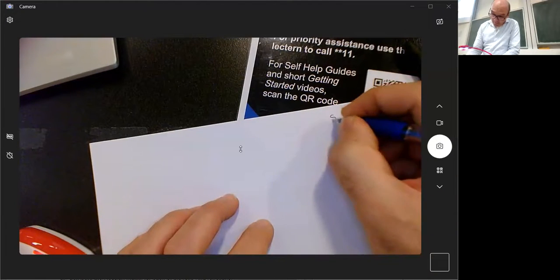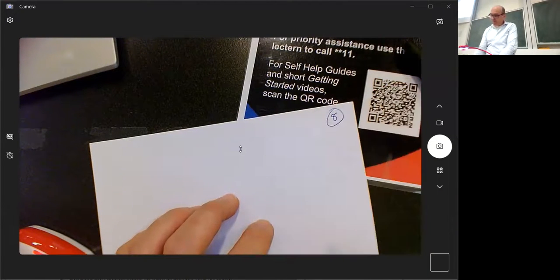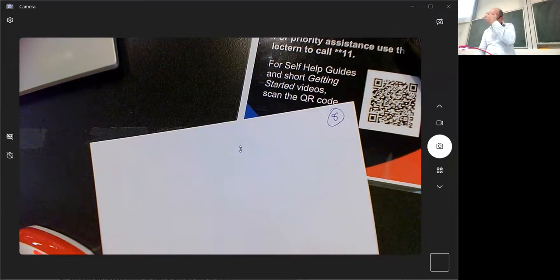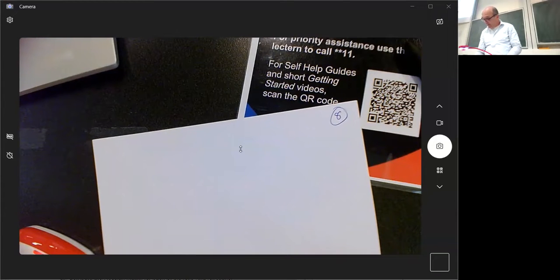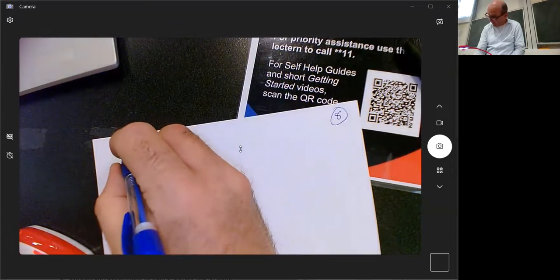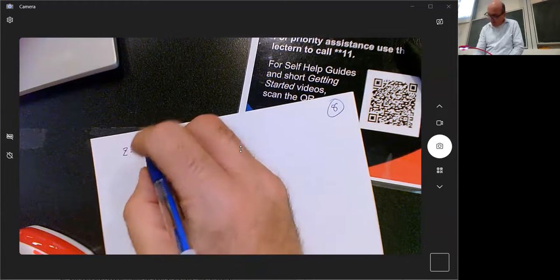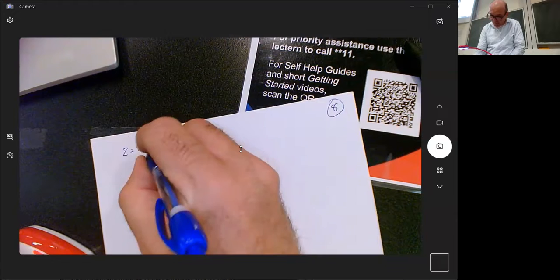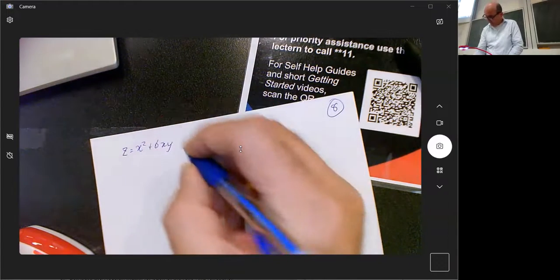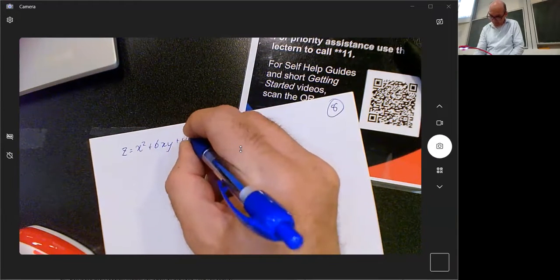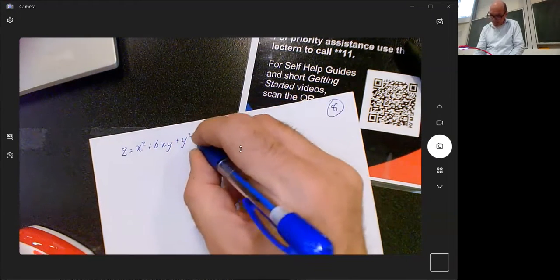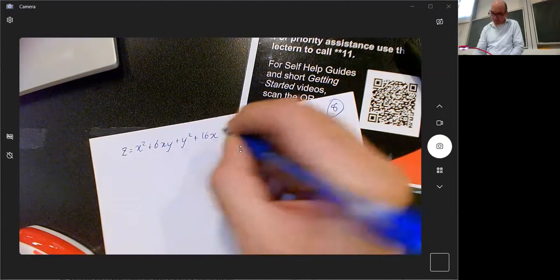So what I'm going to do is take an arbitrary equation out of this book, just because I can. I don't want to get it too complicated, so I'm just going to go z is equal to x squared plus 6xy plus y squared plus 16x.